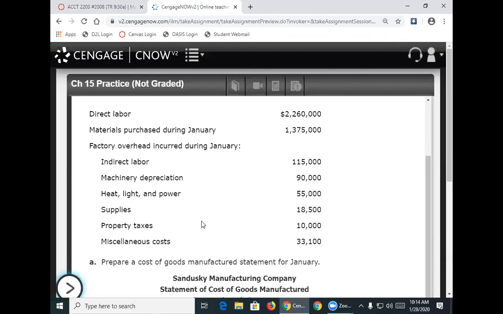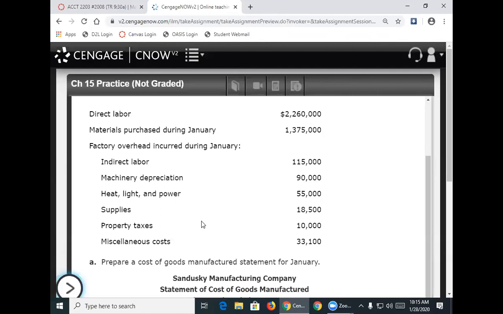That's actually off a little bit. I hope so. 4,035,000? Yes. That was close. So our cost of goods manufactured should be 4,035,000.